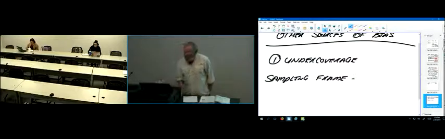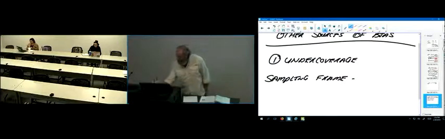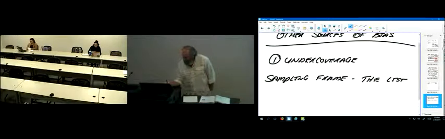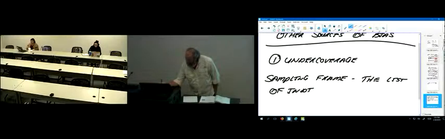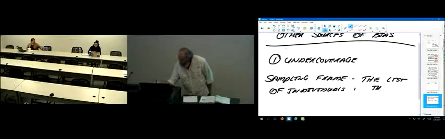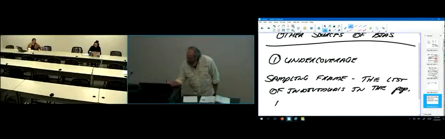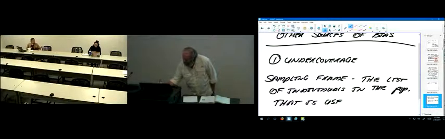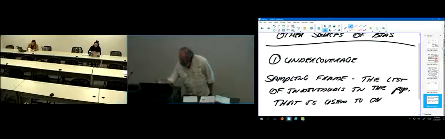And the sampling frame, all that is, is the list of the individuals in the population that is used to choose the sample.